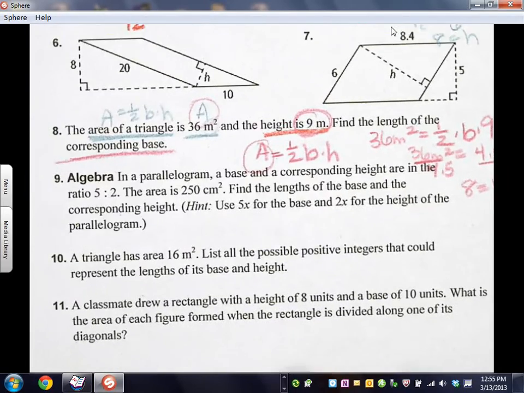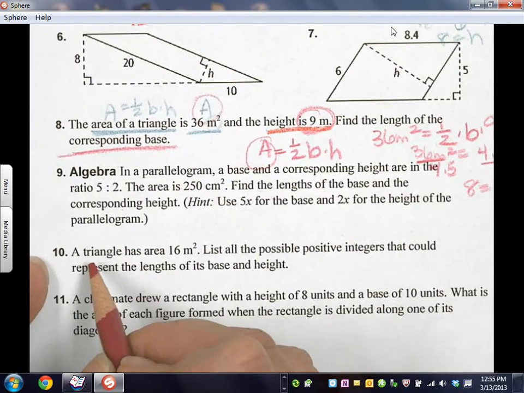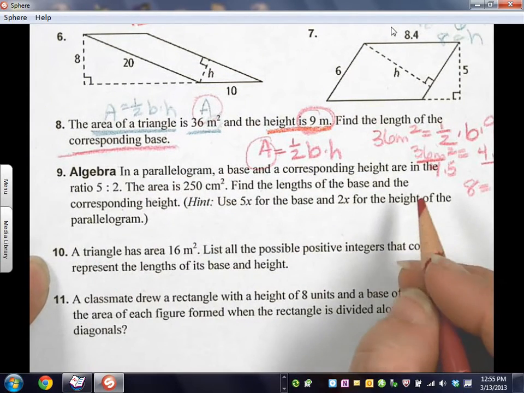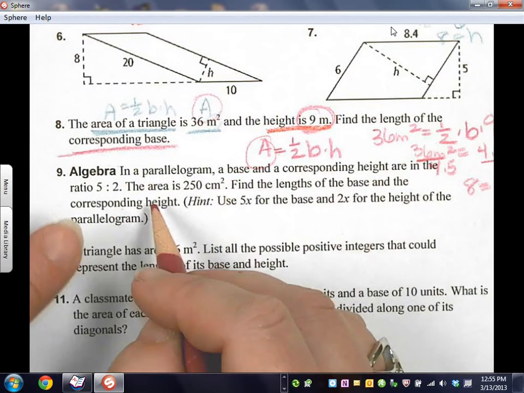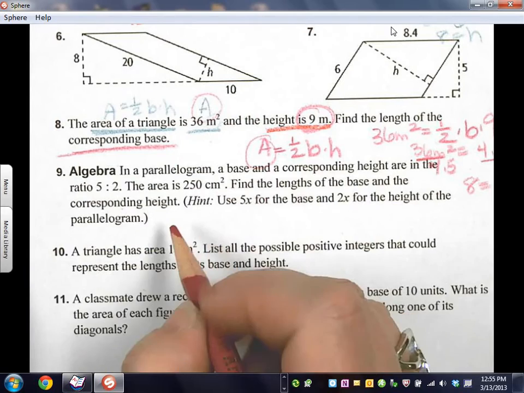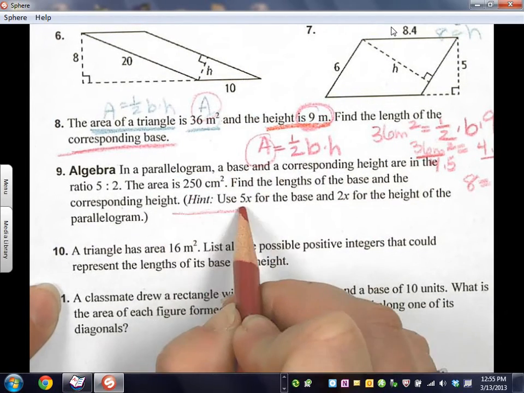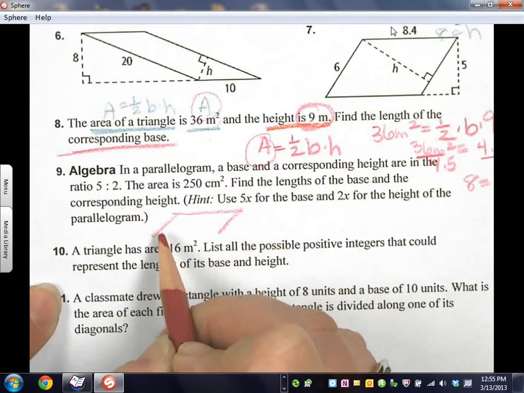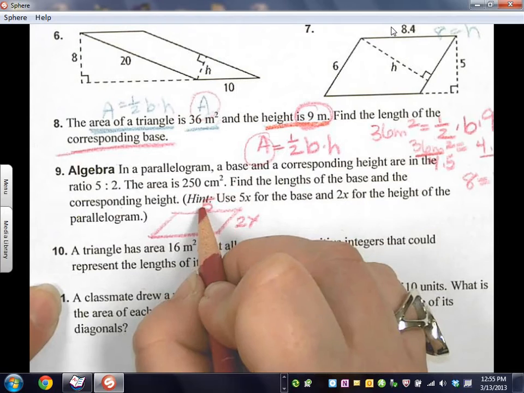Let me see here if this is a ratio problem, which some of you will be so excited about. We know a base and a corresponding height are in the ratio of 5 to 2. So we know we have a parallelogram, and this is 2x, and this is 5x.